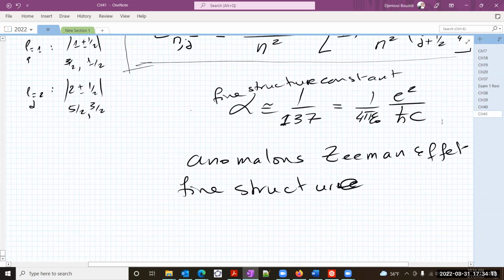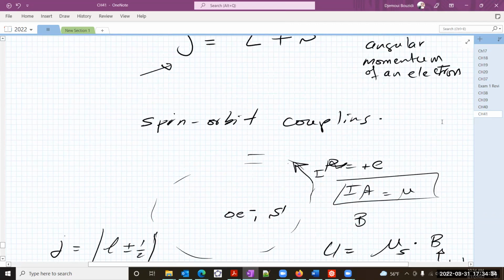So the energy levels, as we know them from Niels Bohr, even intrinsically, even without anything else, are not only dependent on n. That's why we were seeing the anomalous Zeeman effect, even in the absence of a magnetic field. That is because of the interaction of the electron spin and its orbital motion, so it's called the spin-orbit coupling.